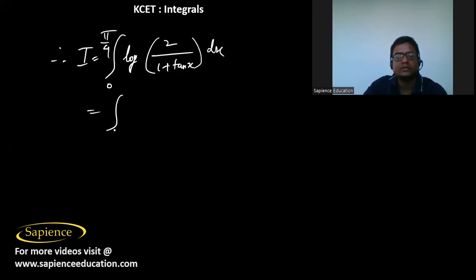Now this can be written as integral 0 to pi by 4 of log 2 minus log of (1 plus tan x) dx.